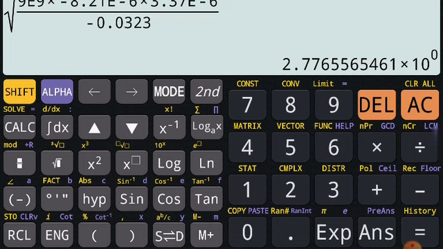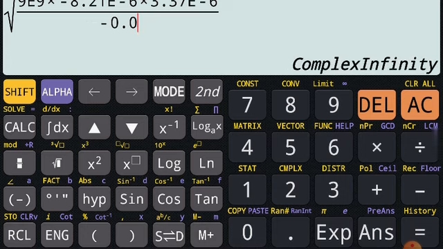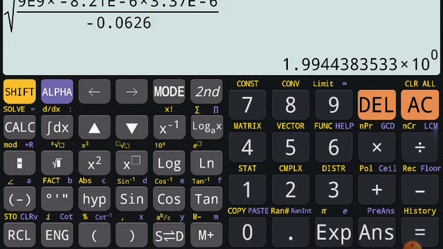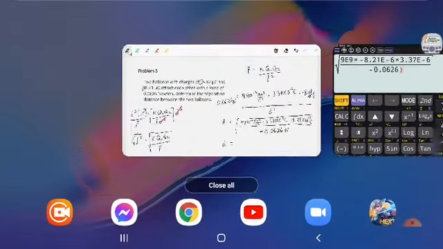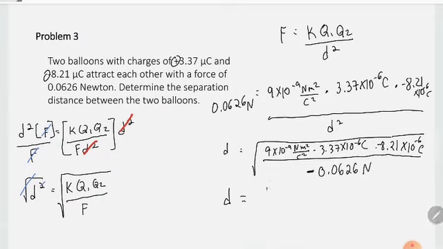Sorry, I put the wrong newton, 0.0626. This is the correct answer, 1.99. Pag times 10 to the 0, huwag na ilalagay yun. That's equal to 1. 1.99 meters.